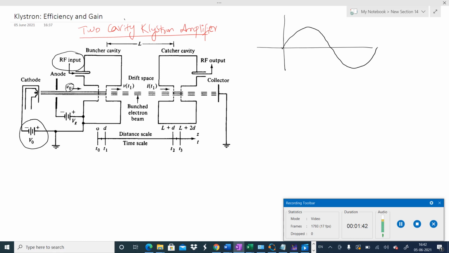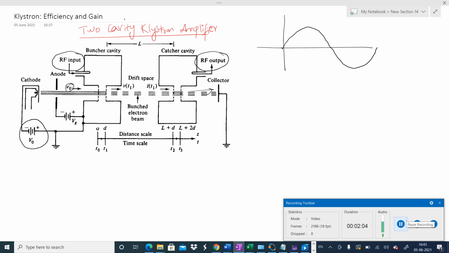In the catcher cavity, the kinetic energy of these electrons is converted into potential energy, which creates a field inside the catcher cavity, and hence we get the RF output, whose amplitude will be higher than the RF input, and the retarded electrons are collected here at the collector.